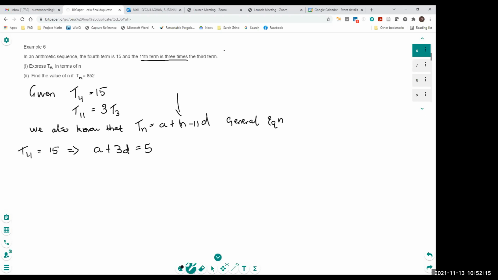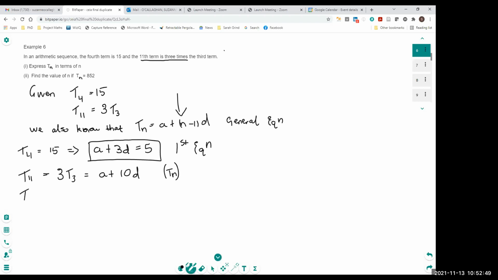Based on this formula here, we substitute for t of 4 that n minus 1 is 3. So we generated the first equation in 2 variables that will help us to solve. So we have t of 11 is equal to 3 times t3, which is equal to a plus 10d based on the t of n formula.